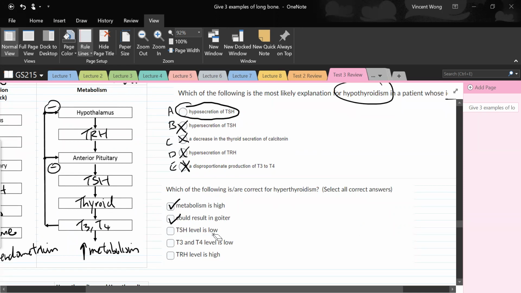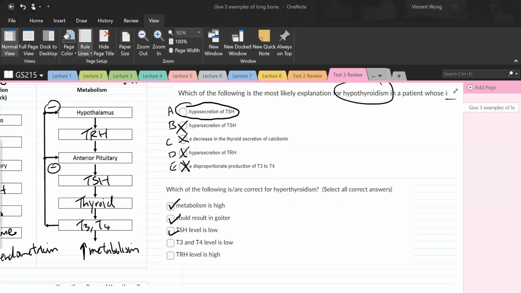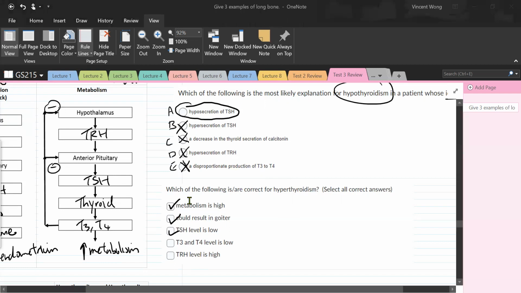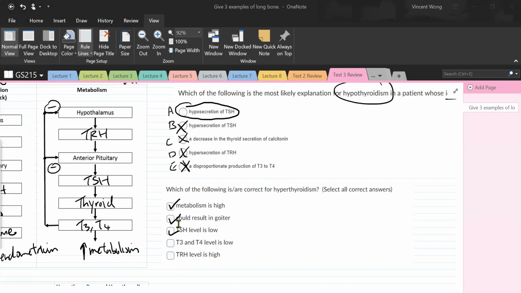TSH level is low, which makes sense because if you have a lot of T3 and T4 in hyperthyroidism, they're gonna suppress the TSH through negative feedback. T3 and T4 levels are low. That's not true. It's going to be high. And TRH level is also going to be low because of the negative feedback. Okay, so only the first three are correct.